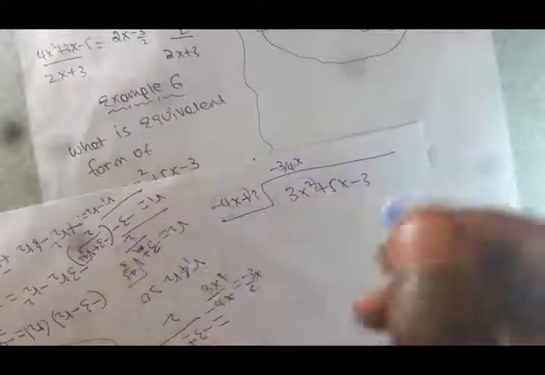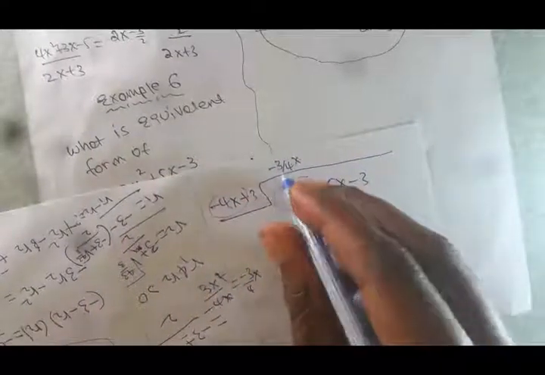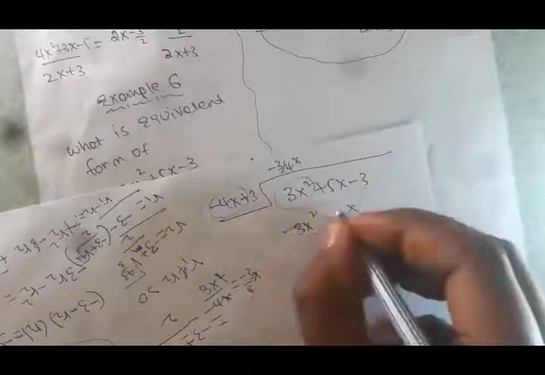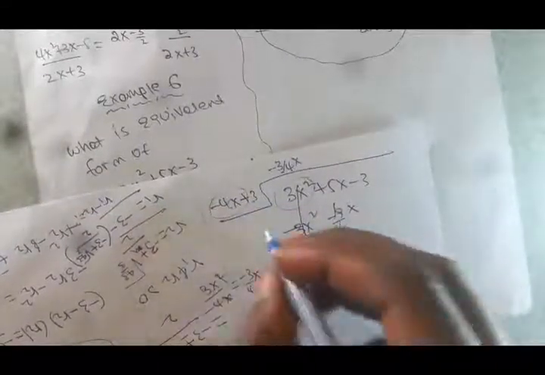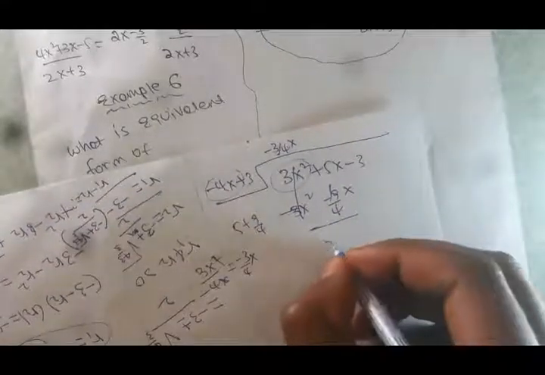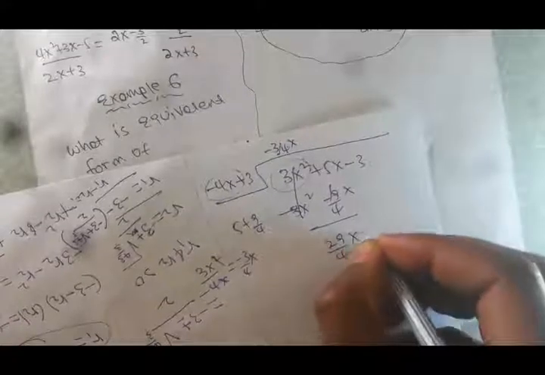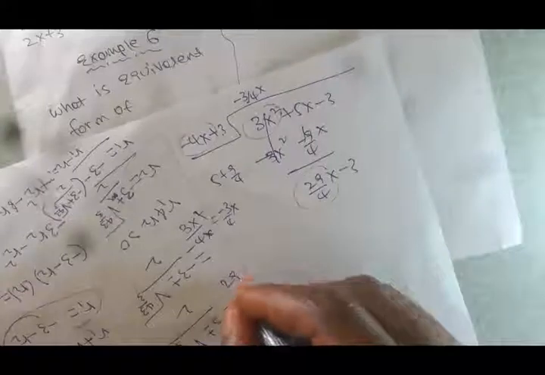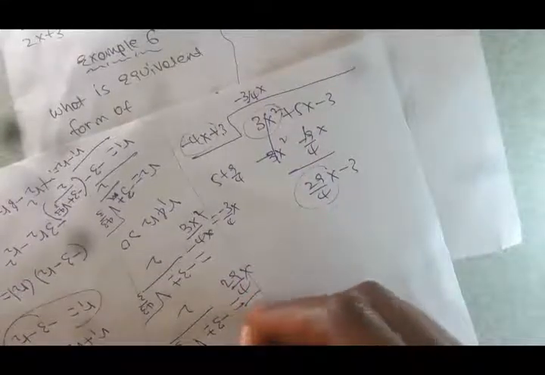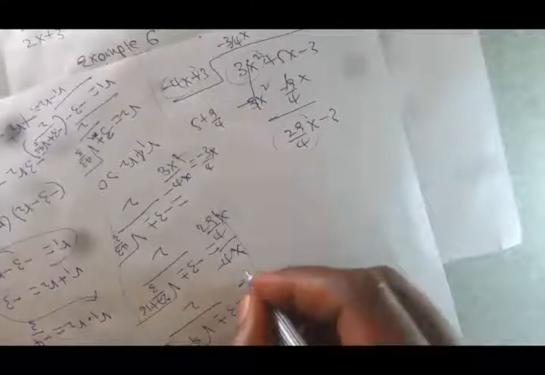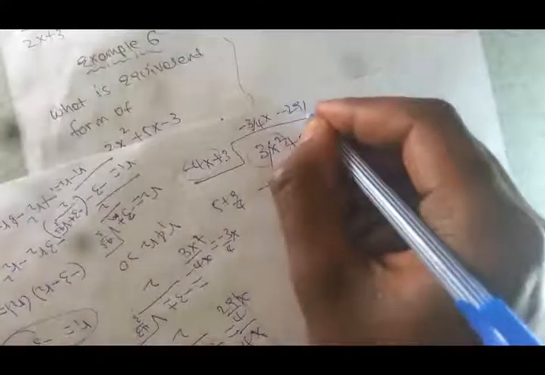When this is multiplied by this, 3x squared, minus 9 over 4 x, minus plus, this will be cancelled and 5 plus 9 over 4 equals 29 over 4 x minus 3. Therefore when this is divided by this, 29 over 4 x divided by minus 4x, this will be cancelled and it becomes minus 29 over 16.